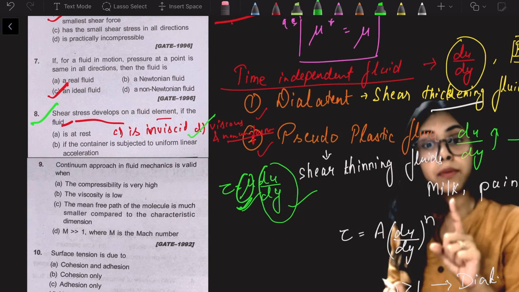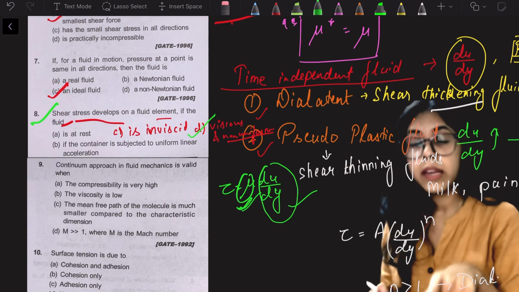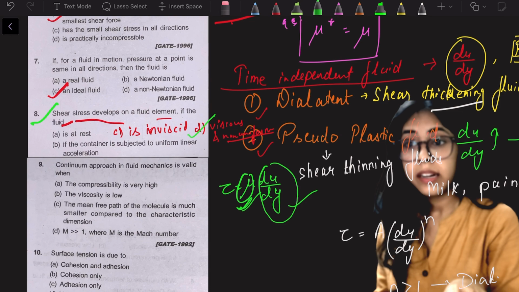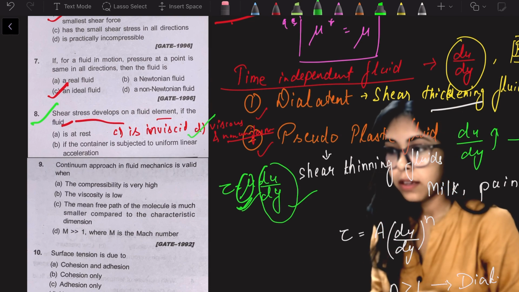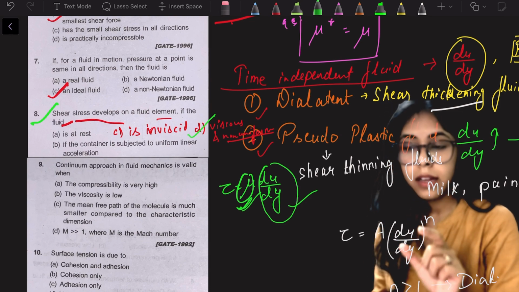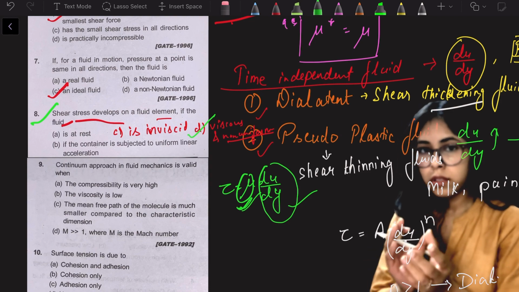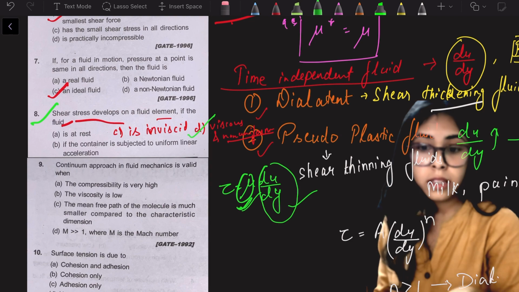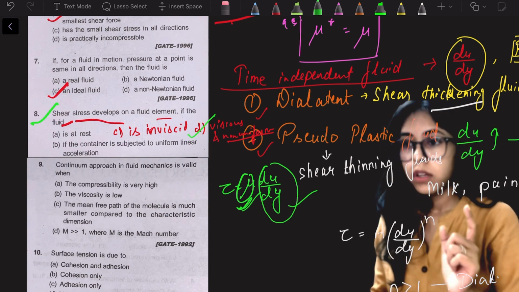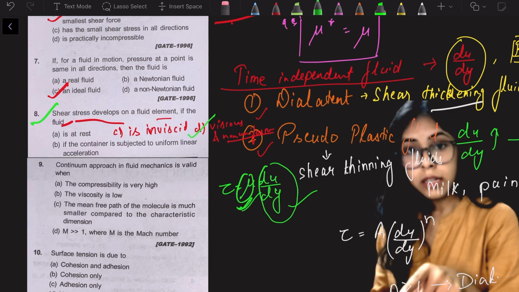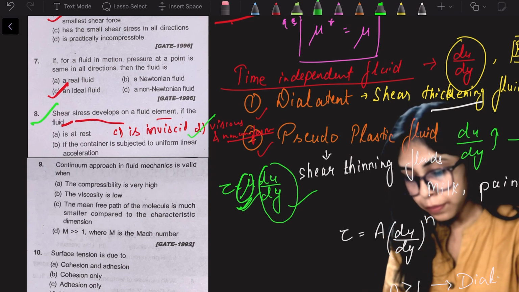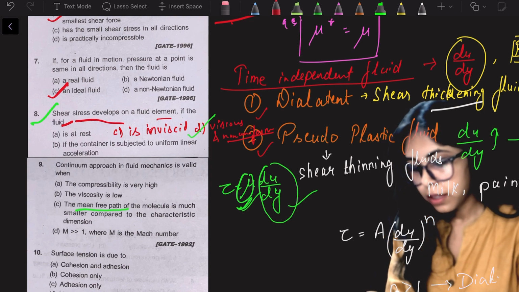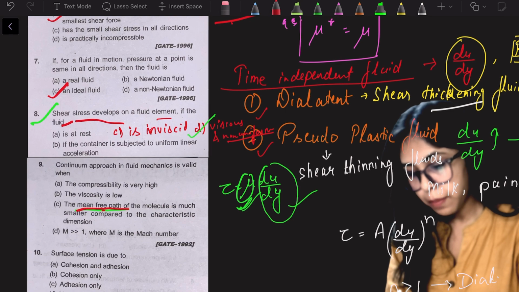And one factor that is very important in this is mass density, molecular density, you can say, the density of molecules in the matter, right? So that is molecular density in the validation of continuum, and that molecular density is characterized by mean free path.